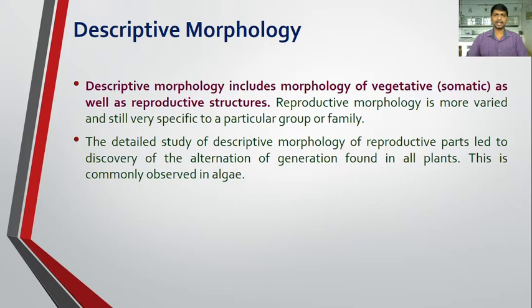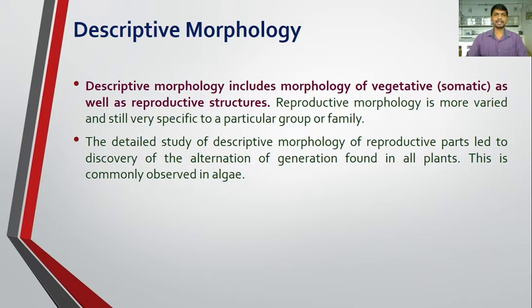The androecium and gynoecium are the reproductive structures found in the flower. The reproductive morphology, which is concerned with the study of reproductive structures, is more varied and very specific to a particular group or family.